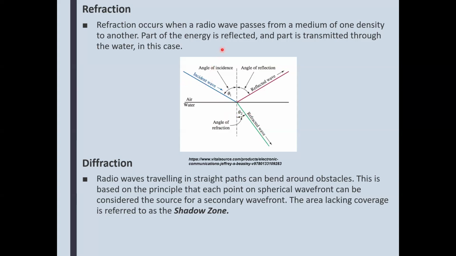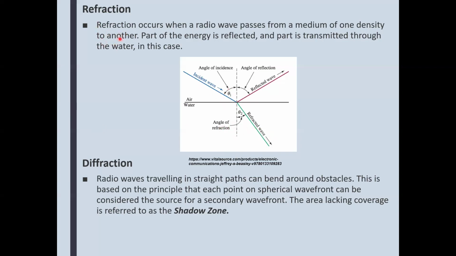So if we go from the air to water, we're going to have the angle closer to the normal, because water is more dense than the air. If we go the other way, from water to air, we're going to move away from the normal. All right.